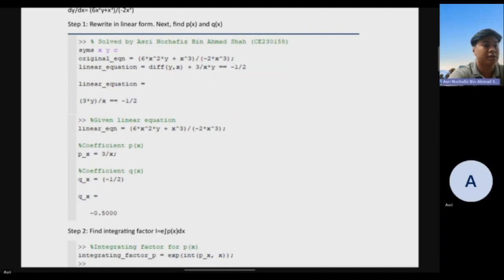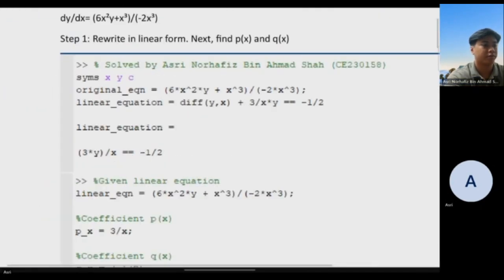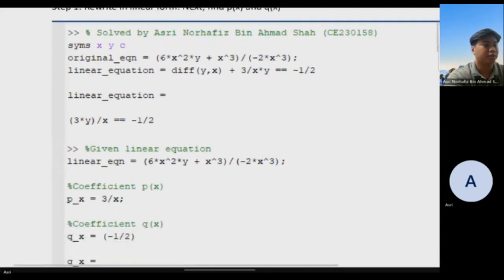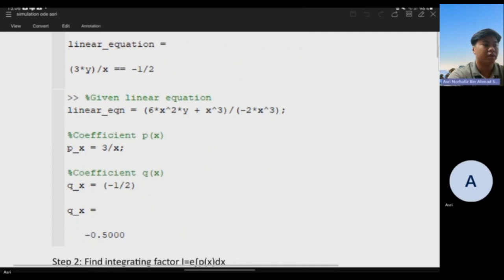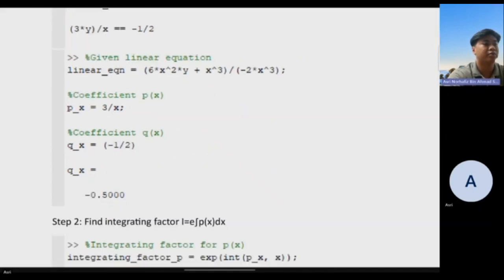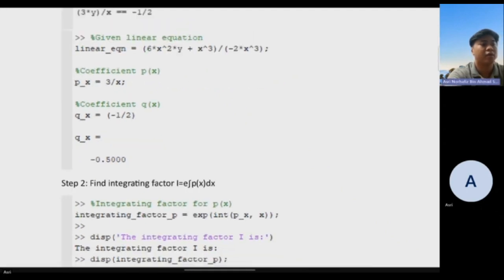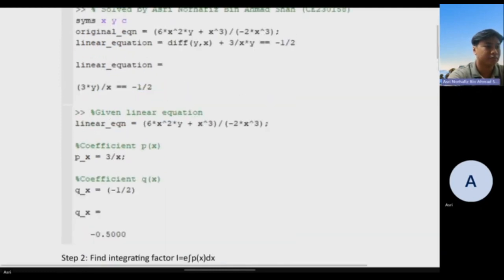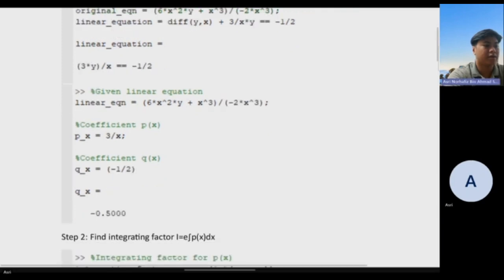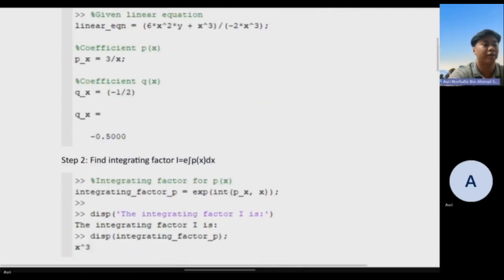This is the original equation, and I write the linear equation as this. The given linear equation is (6x²y + 6 + x³) over (−2x³). The given coefficients are P(x) equals 3 over x and Q(x) equals negative 0.5.